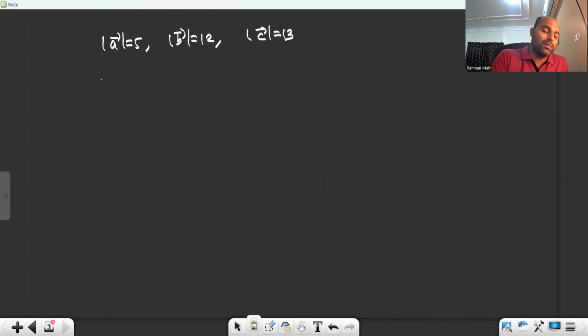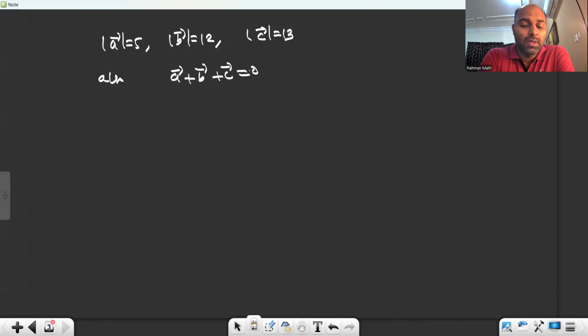After that, you also have to write A plus B plus C equals what? 0. After that only you write this. They are asking A dot B, B dot C, C dot A. No problem. Squaring both sides.